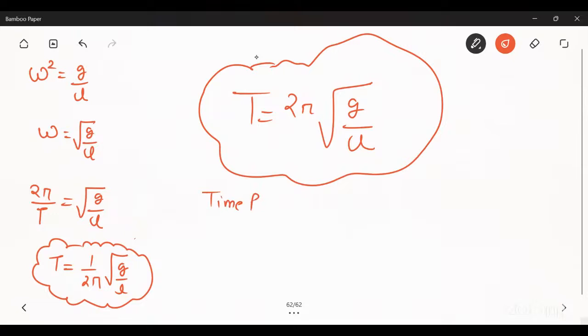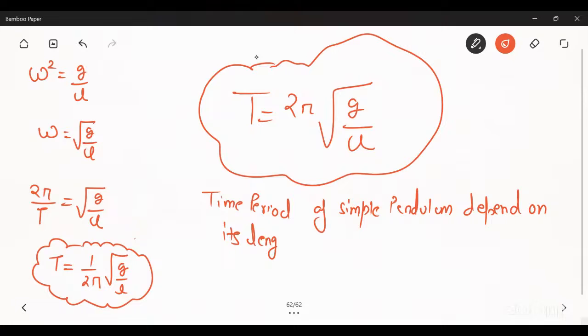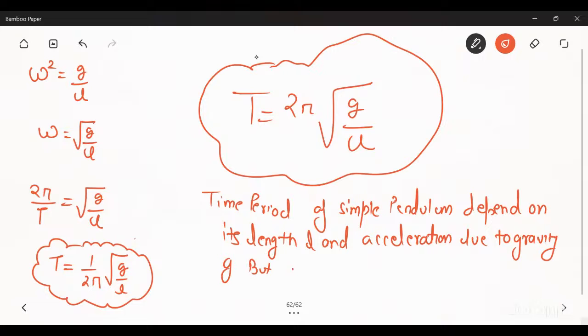So the time period of a simple pendulum depends on its length L and acceleration due to gravity g, but is independent of the mass of the ball.